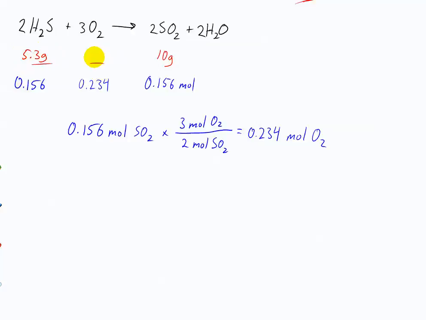And then over here, we'd multiply 0.234 times the mass of O2, which is 16 plus 16, or 32. 7.4. Okay. So now we have an idea of if we want to make 10 grams of SO2, we need to start with 5.3 grams of H2S and 7.4 grams of O2.